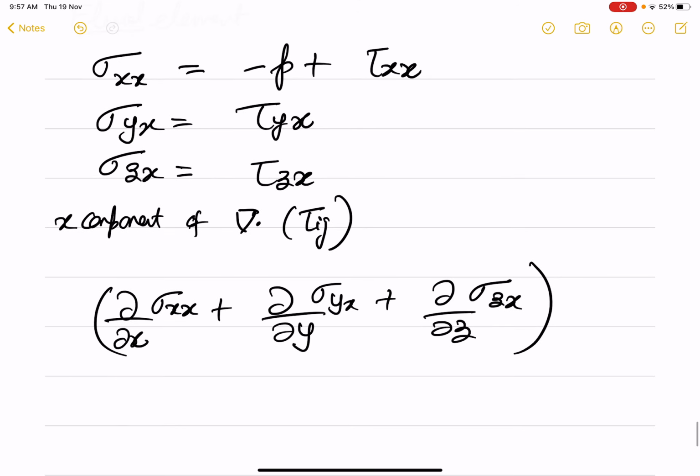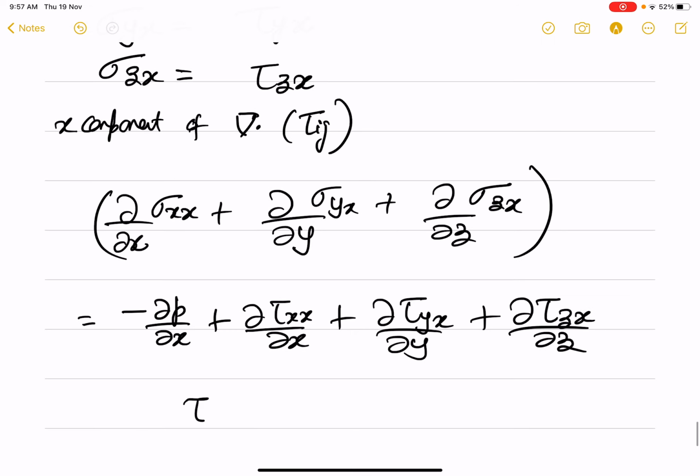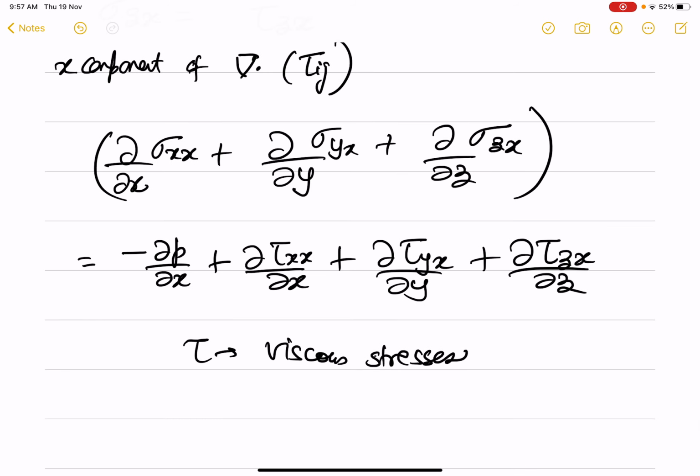So this will become equal to minus partial p by partial x plus partial tau xx by partial x plus partial tau yx by partial y plus partial tau zx by partial z. Where, if you recall, these tau are the viscous stresses, and they include both the shear stresses and the normal part other than the isotropic part.